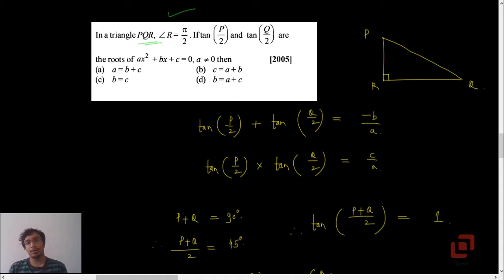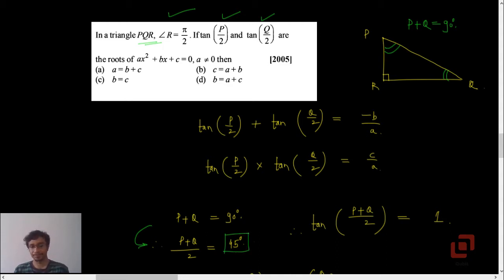Now to find the relation among a, b and c, we should make use of the fact that P and Q are angles of a right angled triangle, which you can see here. And the other observation is that the sum of these two angles is 90 degrees, because sum of all angles is 180, so P by 2 plus Q by 2, which are the half angles, their sum must be equal to 45 degrees.